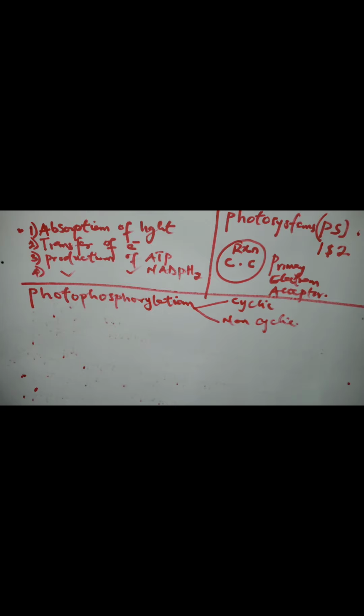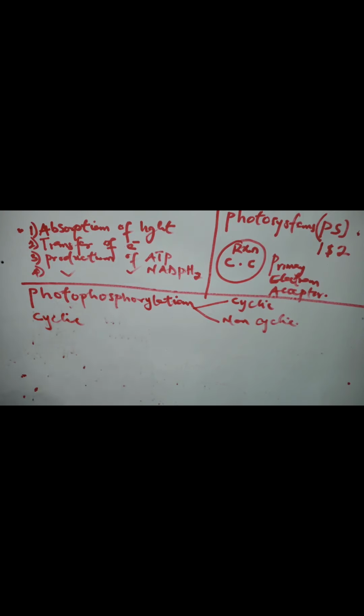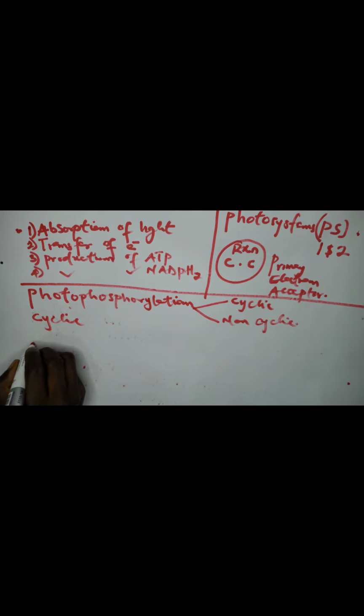The cyclic photophosphorylation, I told you, it all starts from when the photon strikes the reaction center. Let's say this is the reaction center.